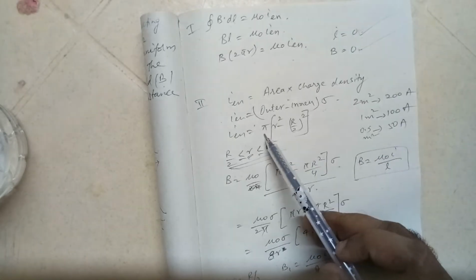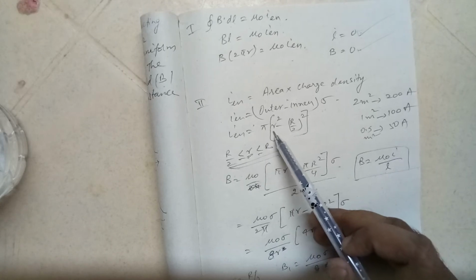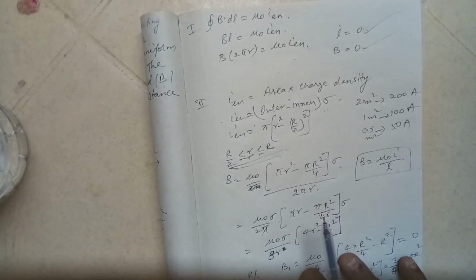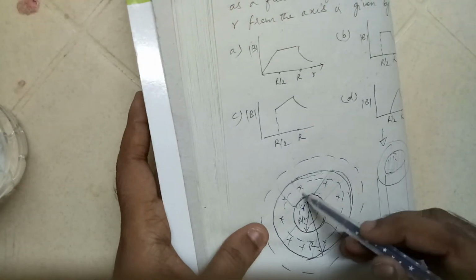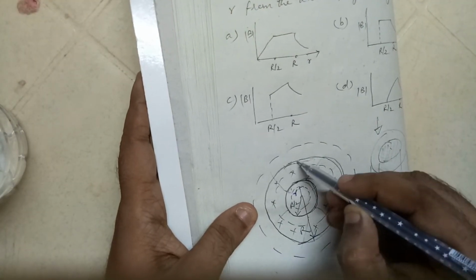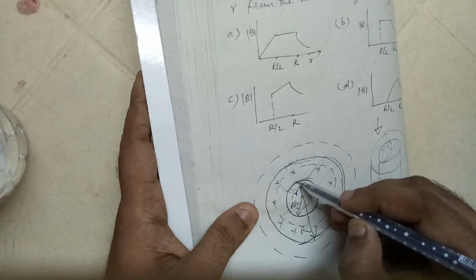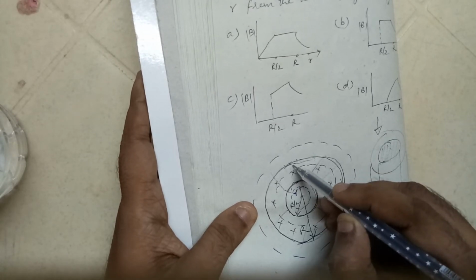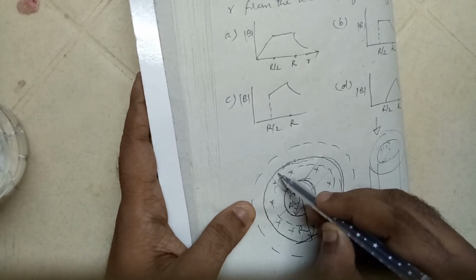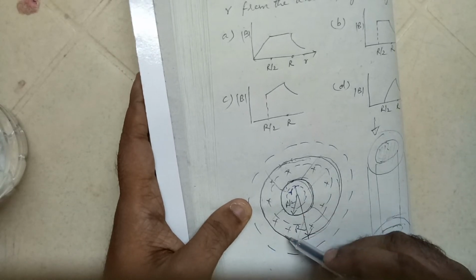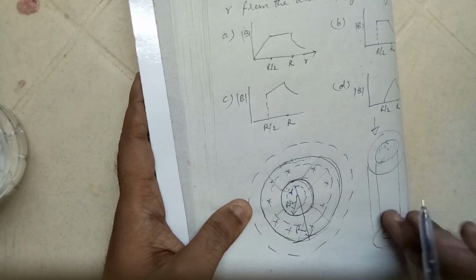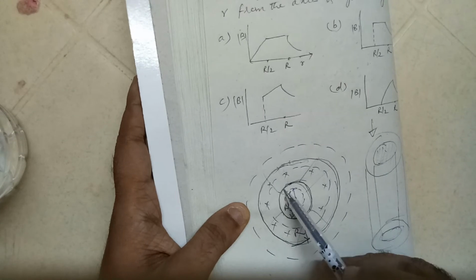Here the outer area I am calling pi into small r square. This loop what I have taken, what is the range of that? I can take from here to here. So my small r is varying from here to here. I can consider this blue line, I can extend maximum up to the periphery of this capital R, isn't it? And what is the inner area?